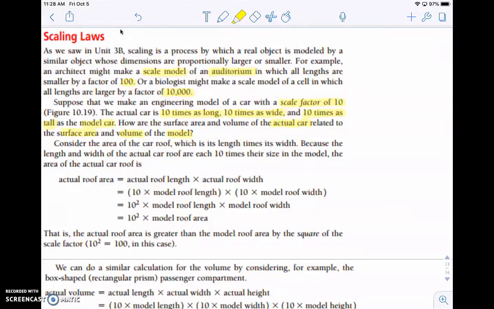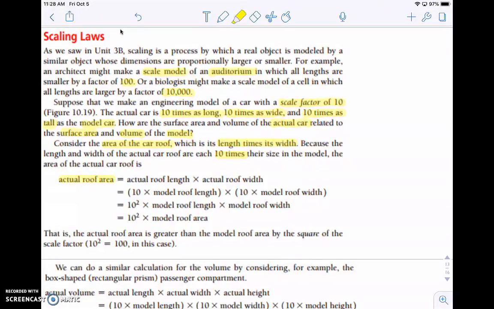So let's consider one example here. The area of the car's roof is what we're going to be looking at. The area is just going to be the length times the width. Assume kind of a square top here. Because the length and the width of the actual car roof are each 10 times their size in the model, the area of the actual car roof will be found as follows.